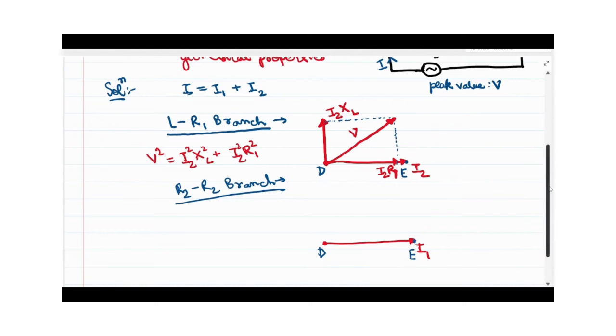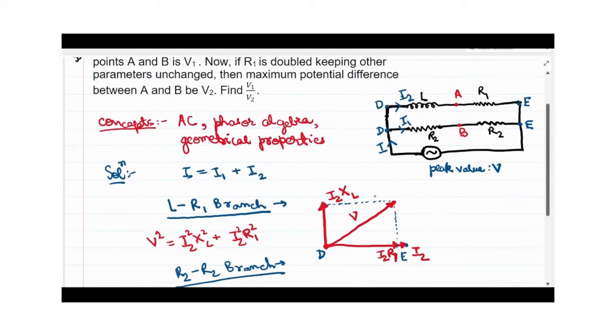Now, one thing I missed out in the earlier phasor diagram is from D to A, the inductance is here. So the potential difference across the inductance is VL, and VL is between D and A, right?